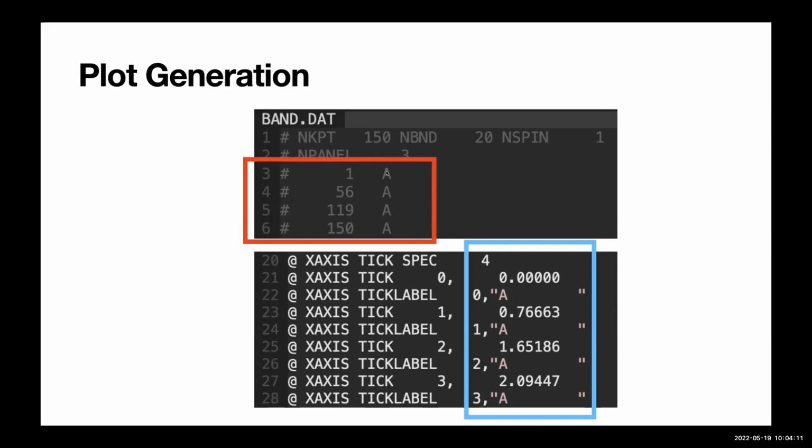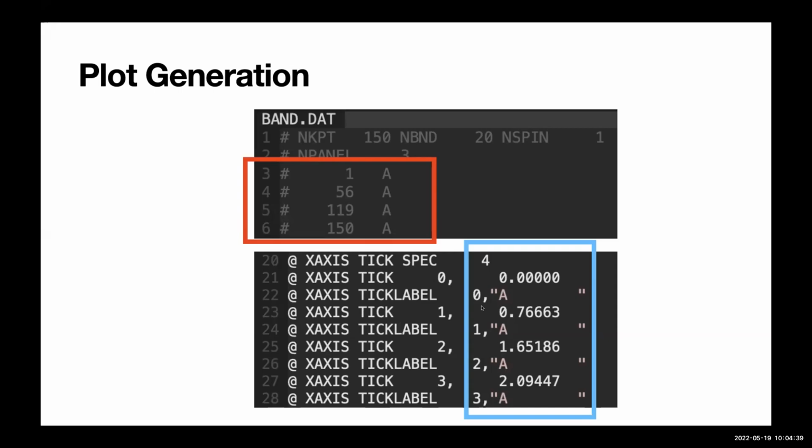For example, the first high symmetry point, which I assume is probably gamma or something, is the first k point along the path. The second high symmetry point is the 56th point along the path, and the third is the 119th point along the path. The last high symmetry point is of course the 115th, because in total I use 115 k points.